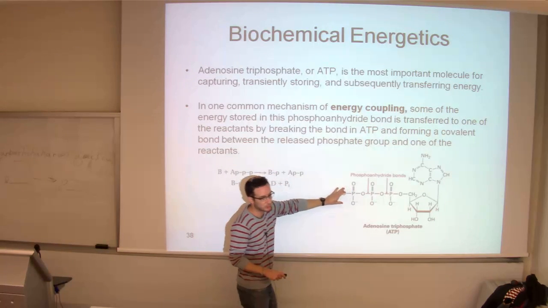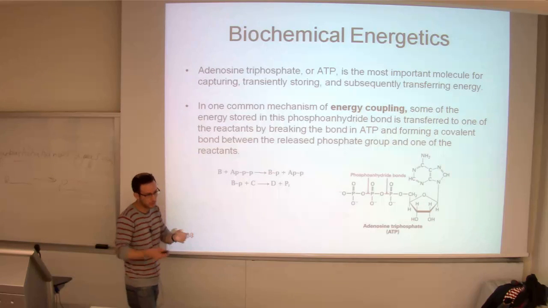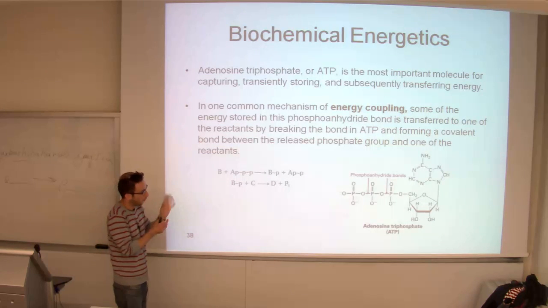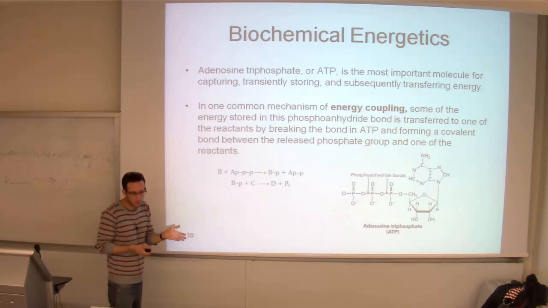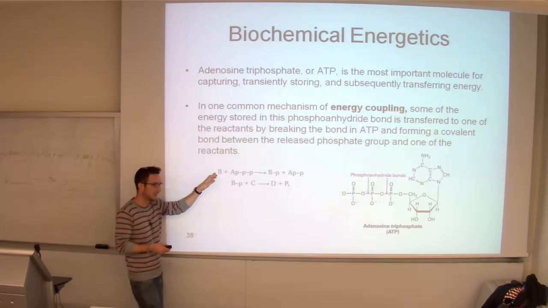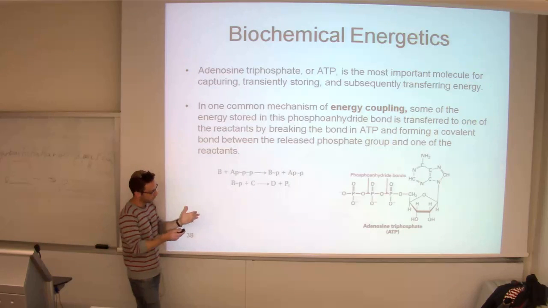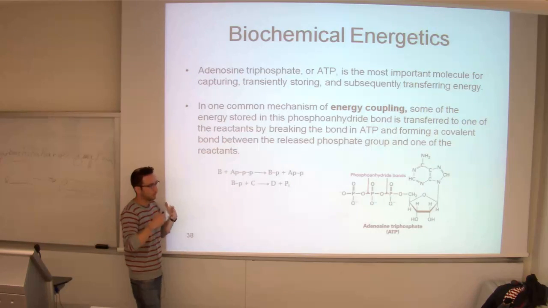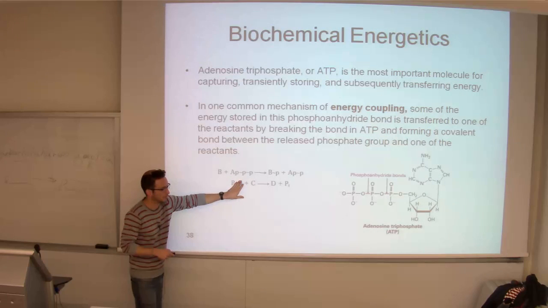And in order to link this phosphate to B, there's usually another protein involved in the process that holds the ATP in the correct orientation and correct distance from the right site in B, in order for it to be phosphorylated. And then afterwards, it can be broken down, thereby giving energy to the system, enabling this process, which was not enabled without this B.